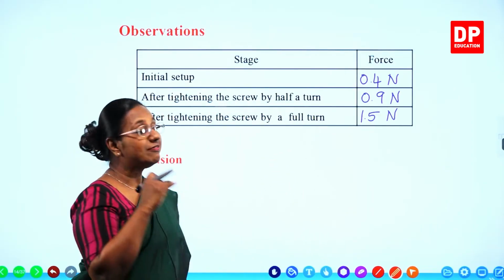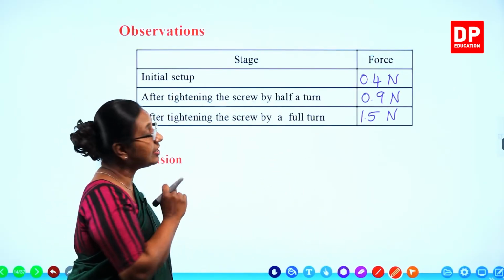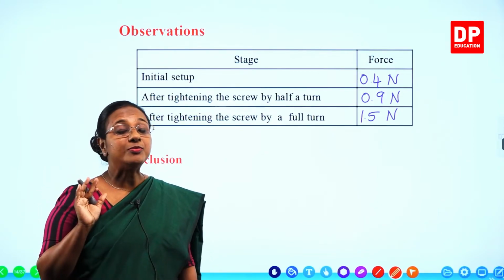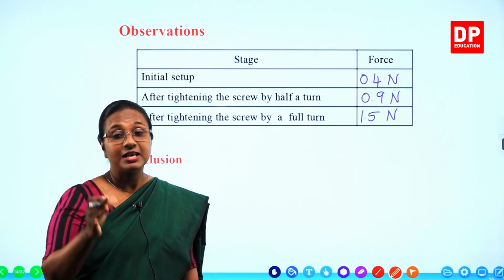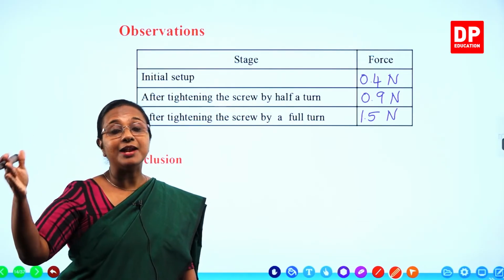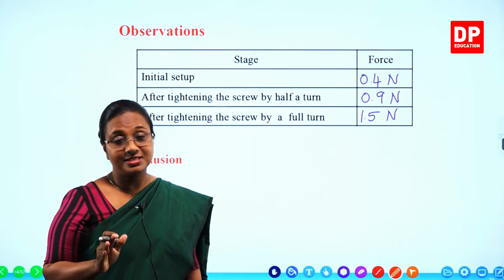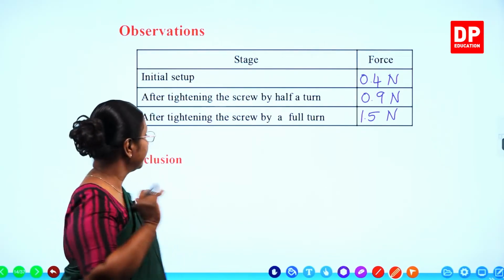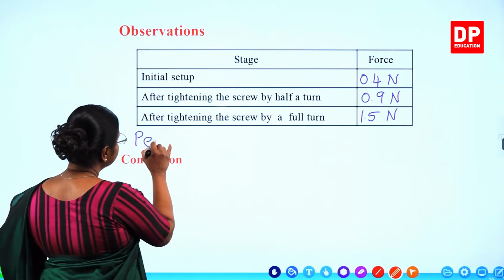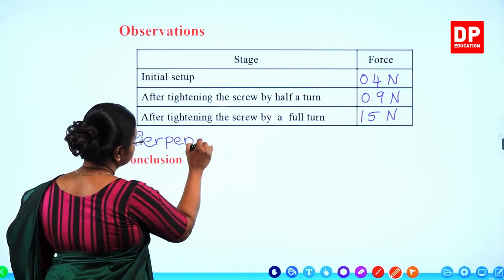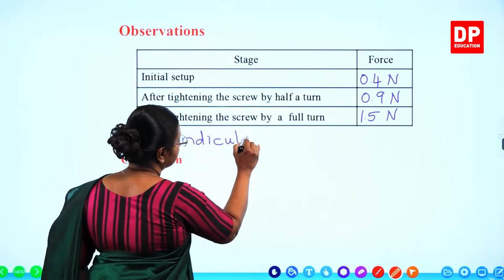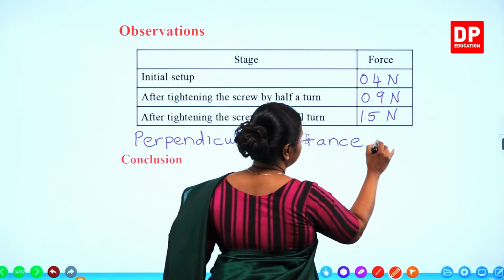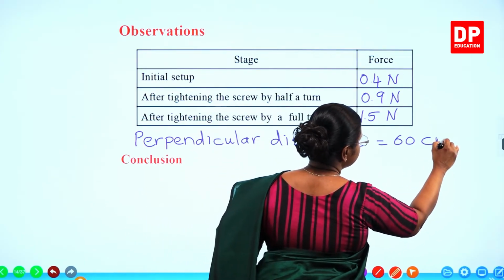So you can see when we tighten the screw, that is when we increase the moment, the force increased. But all this time, what was the perpendicular distance? The distance between the screw nail and point D was 60 centimeters. Did that change? No, there was no change in that. So the perpendicular distance was equal to 60 centimeters.